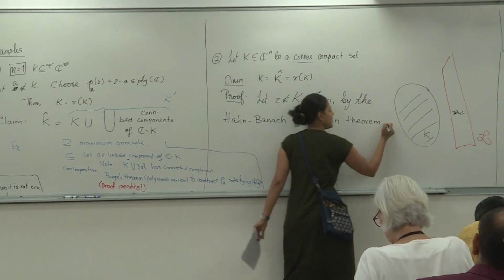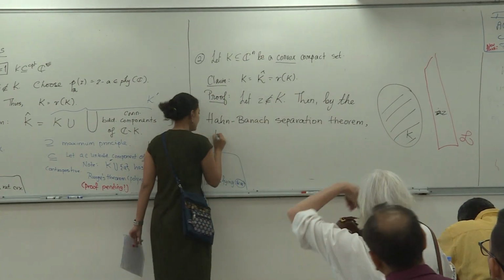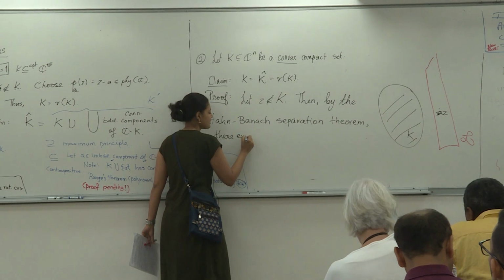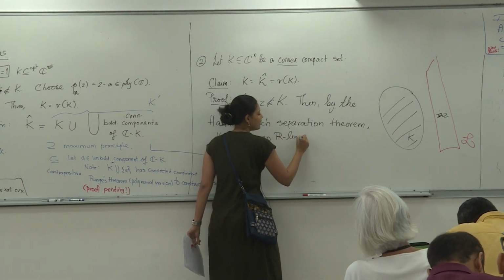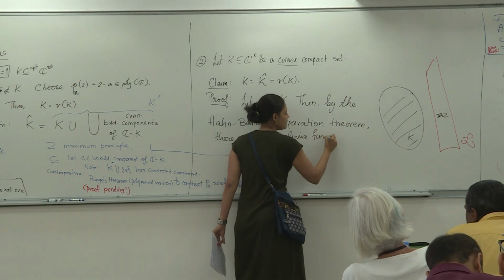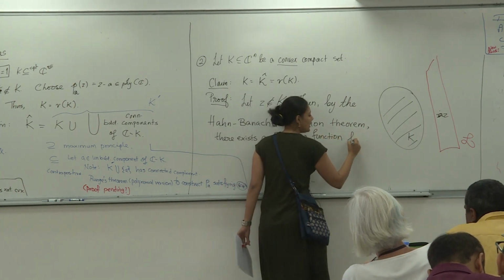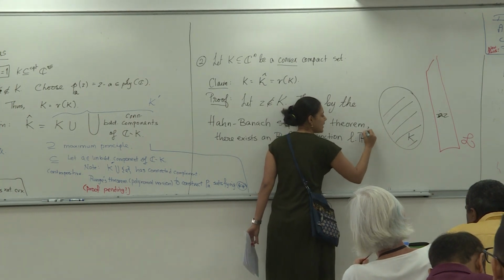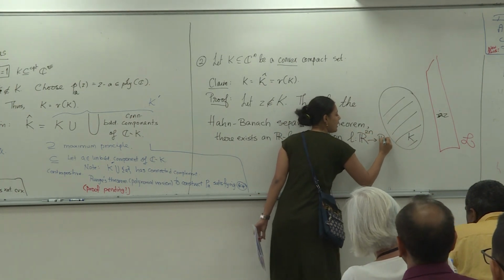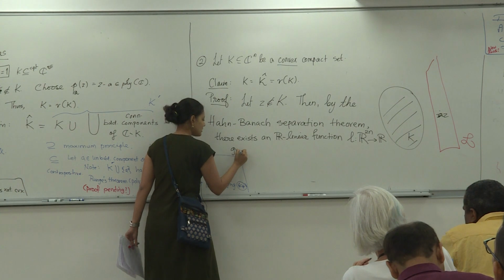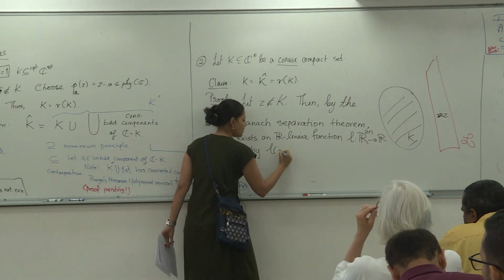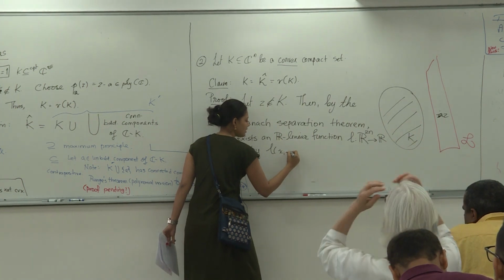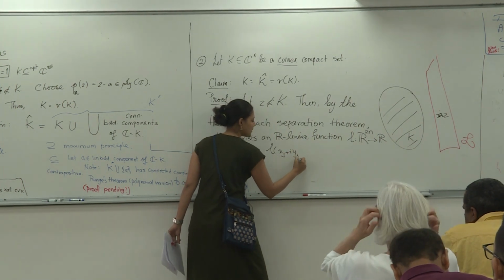But what does it mean in terms of functions? There exists an R-linear, a real linear function, small l, and I'm treating Cn as R^2n to R, given by, so let's write down what this explicitly looks like. I'm going to use these coordinates xj plus i yj.